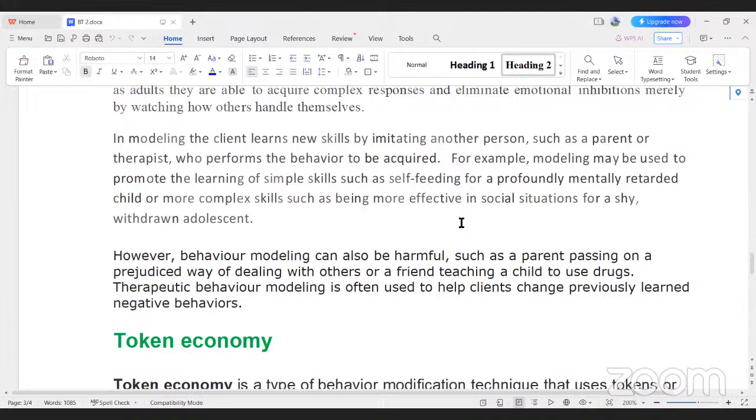Here also we are giving one example. For example, modeling may be used to promote the learning of simple skills such as self-feeding for a profoundly mentally retarded child. Generally, profoundly mentally retarded children are totally dependent, and they can't do any type of work normally.